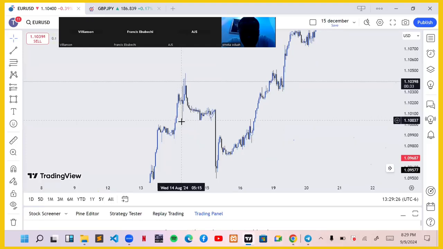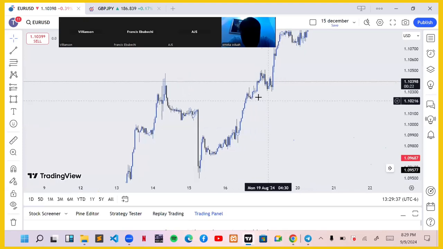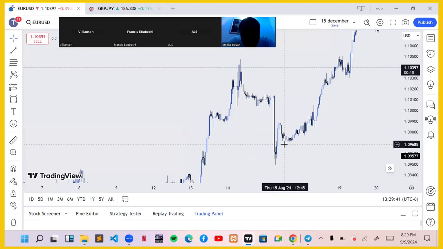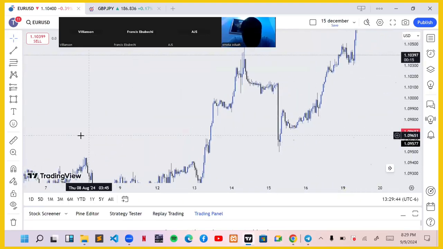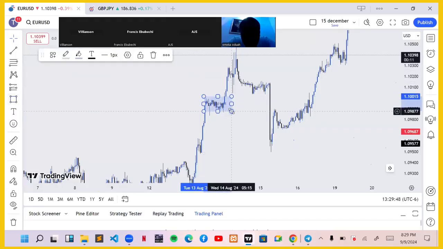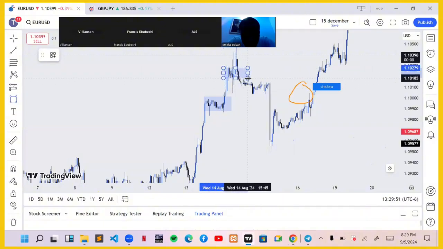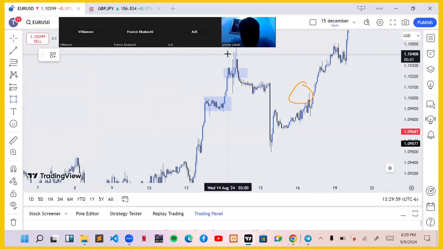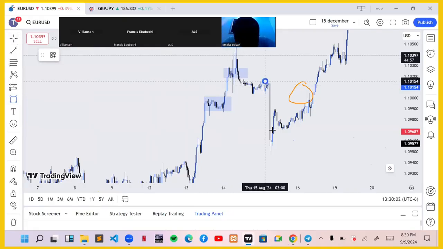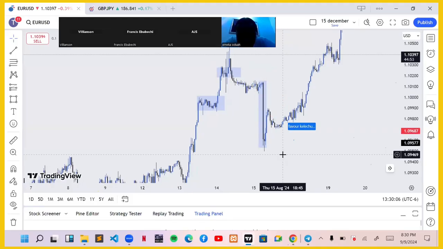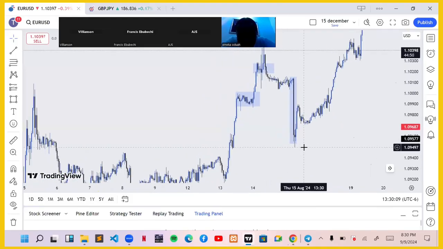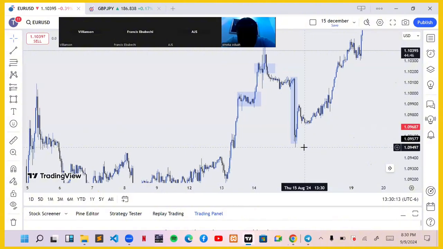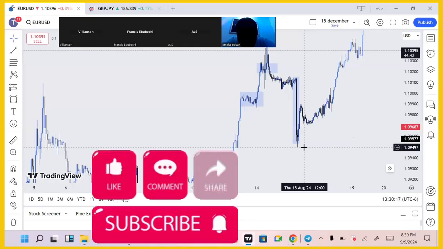Yes, on that exact place I would have mapped it out as my breaker block, instead of the first one on the top. What do you think about that?